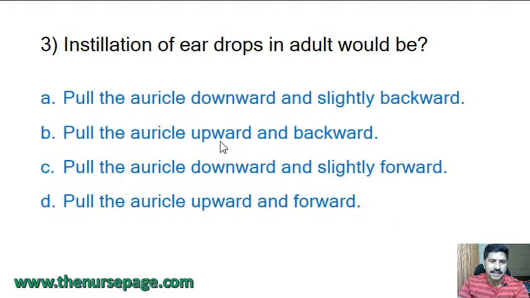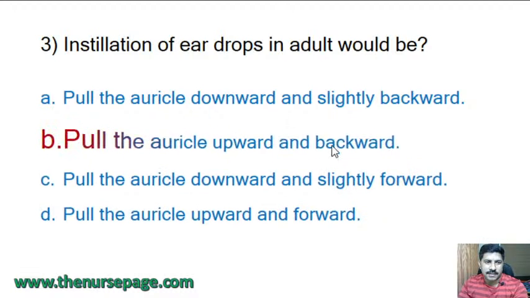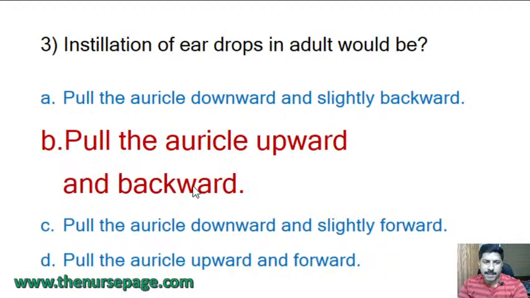Okay, the correct answer is pull the auricle upward and backward. In the case of pediatric cases, pull the auricle downward and slightly backward. Pull the auricle upward and backward is in the case of adults. That is the difference.